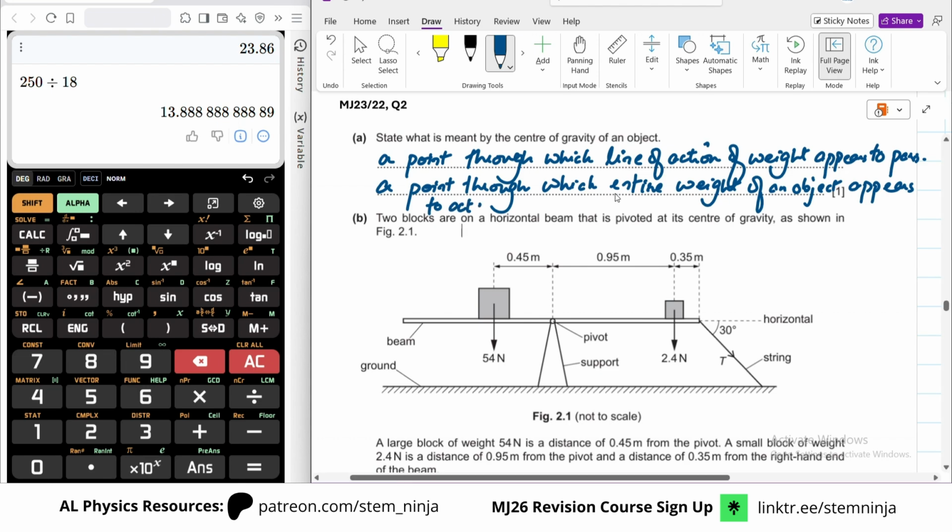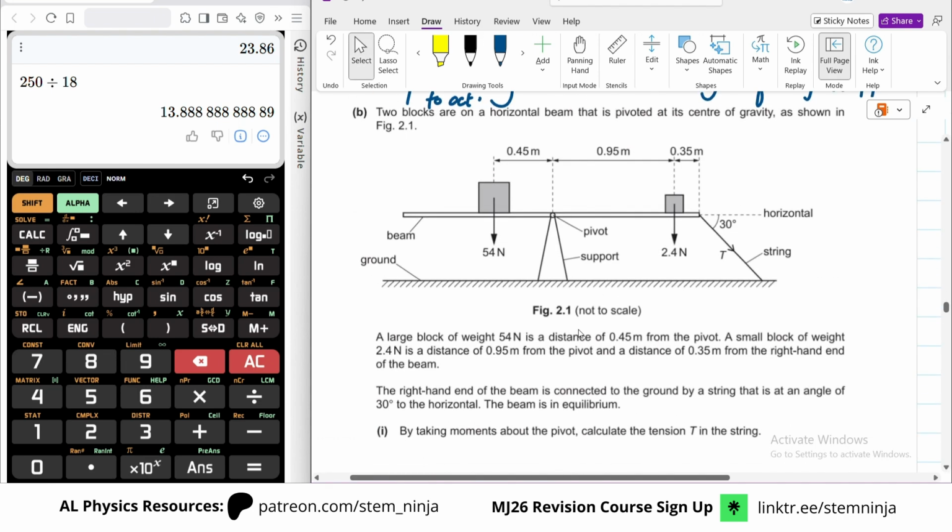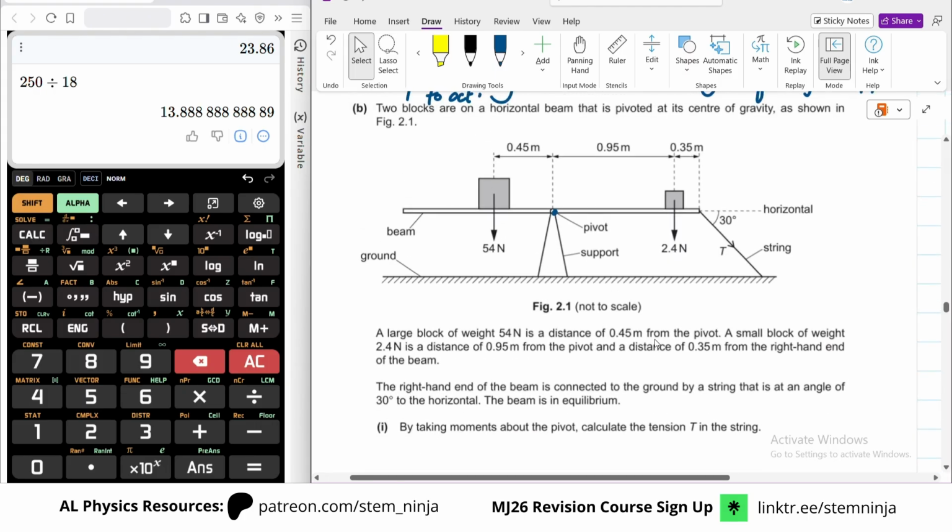Okay. Two blocks are on a horizontal beam that is pivoted at its center of gravity as shown in figure 2.1. Now if it's pivoted at the center of gravity, that means the weight of the beam will not have any moment about the pivot. A large block of 54 newtons is at a distance of 0.45 meters from the pivot.